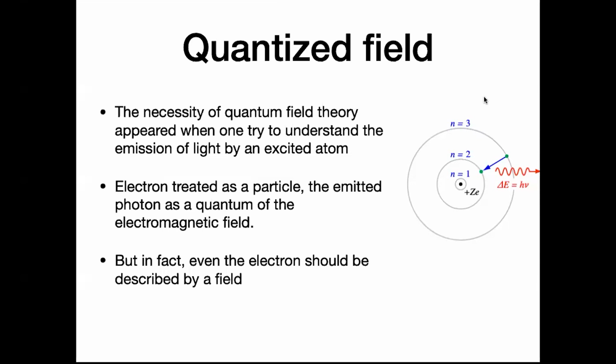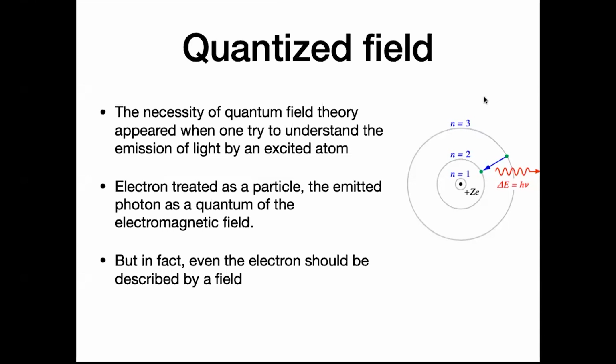When that was done, we could understand and compute the rate of emission of a photon by an excited atom. So at this stage, the electrons are still treated as particles, and the electromagnetic field as a field. So there is still a discrepancy between matter and fields, between particles and fields.